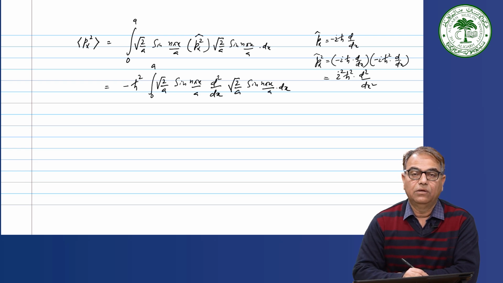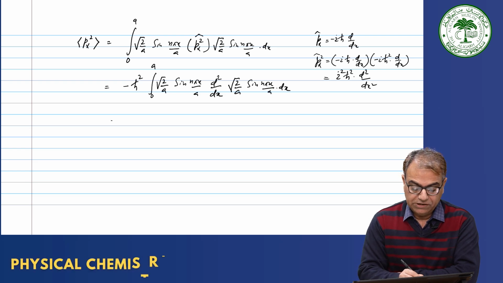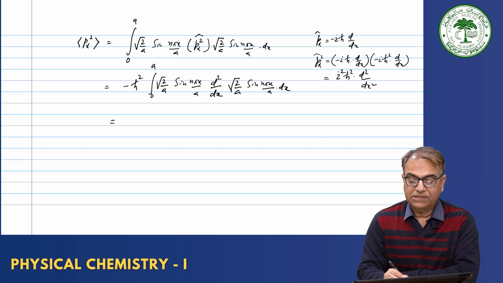Okay. So if you take the first differential, sine will convert into cos, and if you take the second differential, then again cos will become sine. So within this integral, you will have root 2 by a sine n pi x by a and root 2 by a sine n pi x by a, which will be equal to 1.